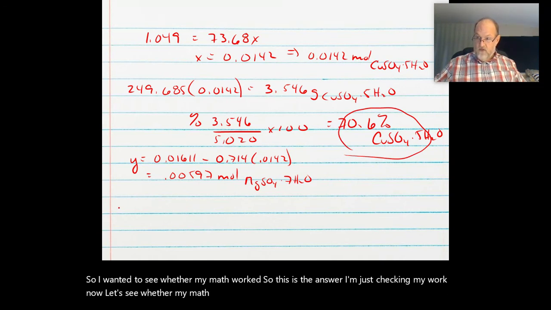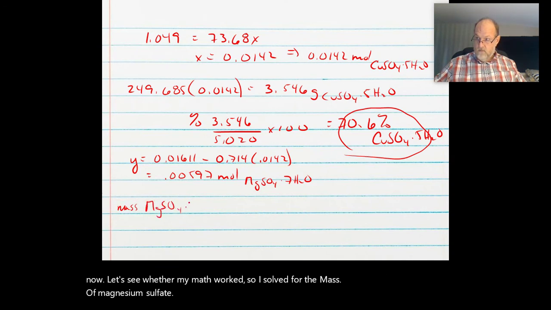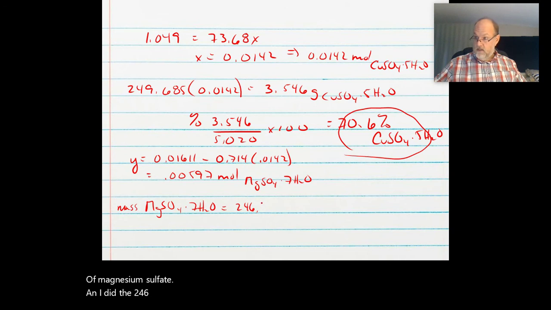So I solved for the mass of magnesium sulfate. And I did the 473.75 times 0.00597.